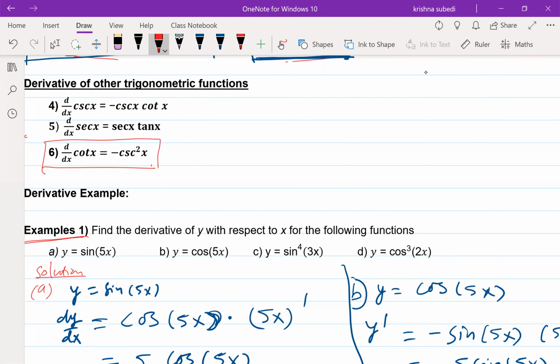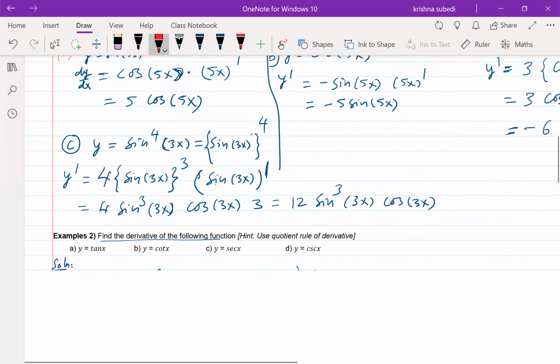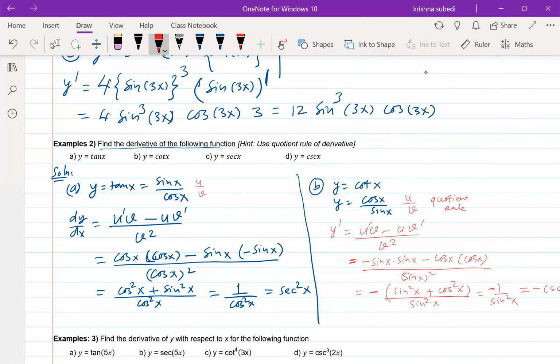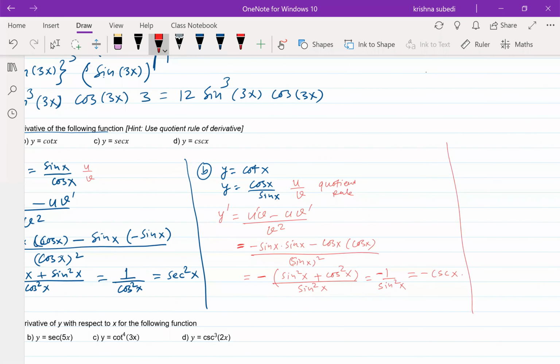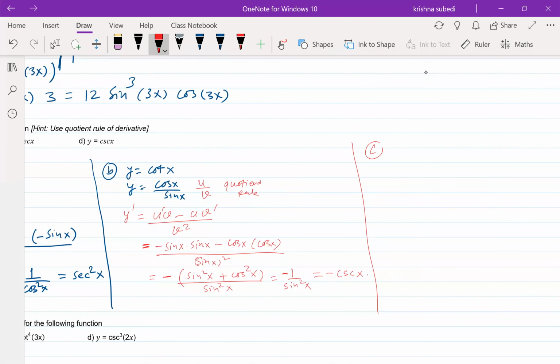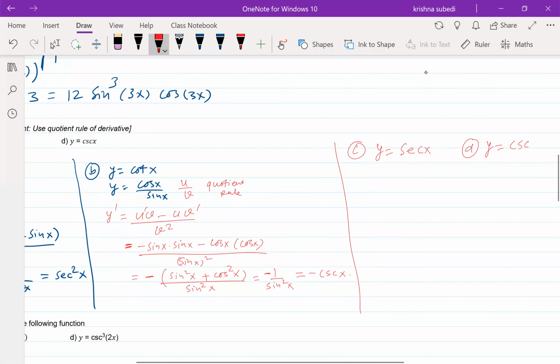In the same manner, we can prove this for cosec x and sec x. I want you to try these two just for fun, okay? Part C and part D. So part C is y equals secant x, and part D, y equals cosecant x.